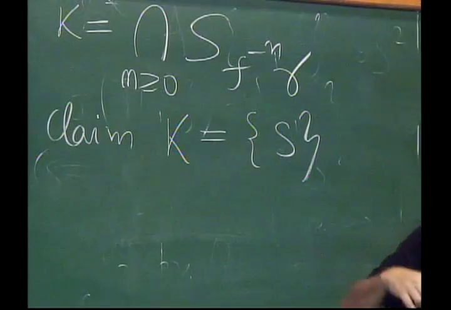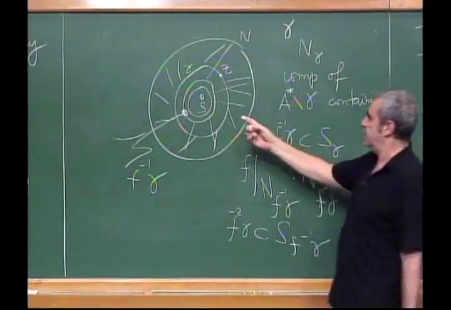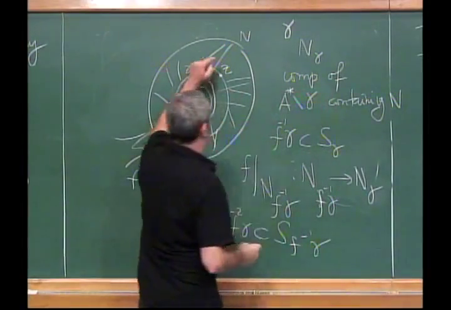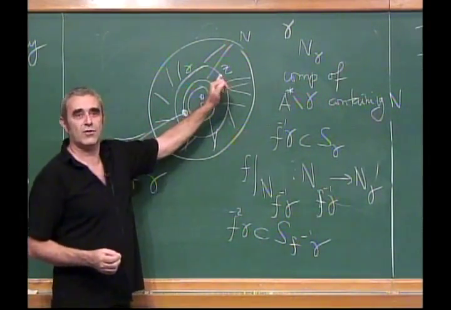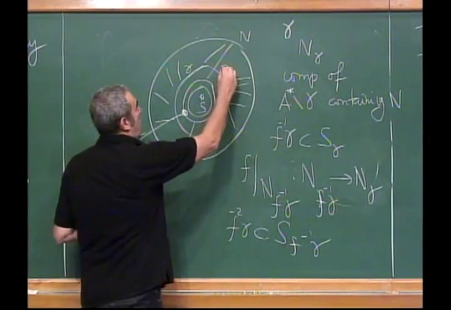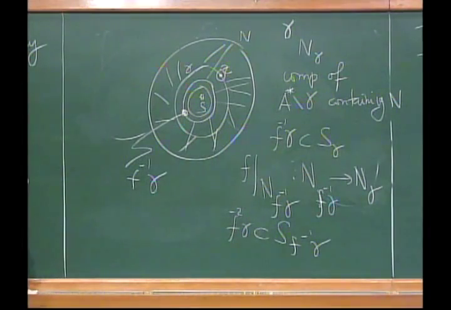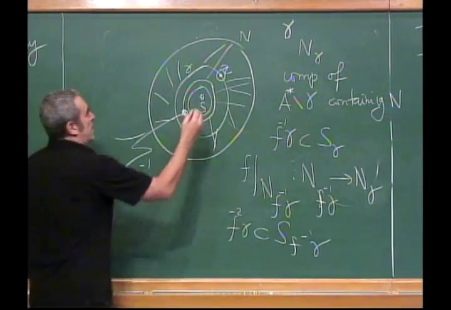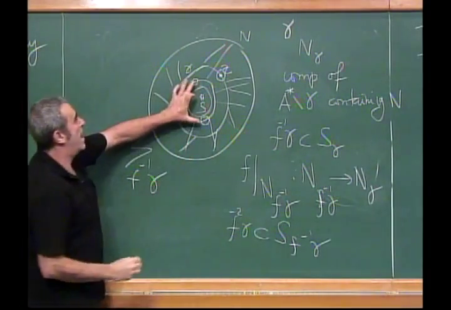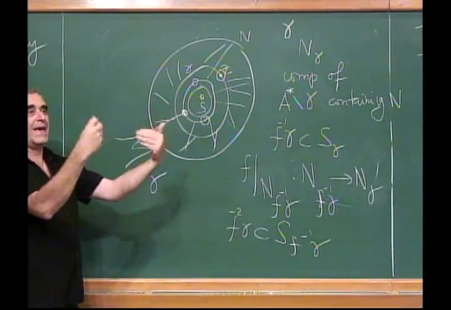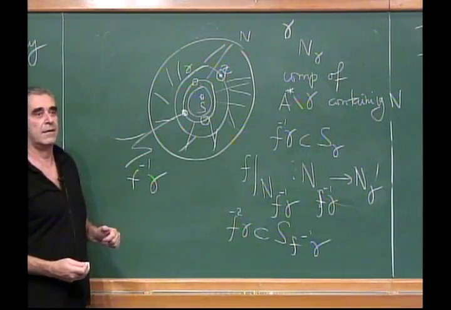I must use the hypothesis again, and must use that the map has no wandering points. Every point is non-wandering because of this hypothesis, because if you have Z here, you take a small neighborhood of Z, then the preimages of this neighborhood are two neighborhoods in f^-1 of gamma, and the next preimages will be inside this set.